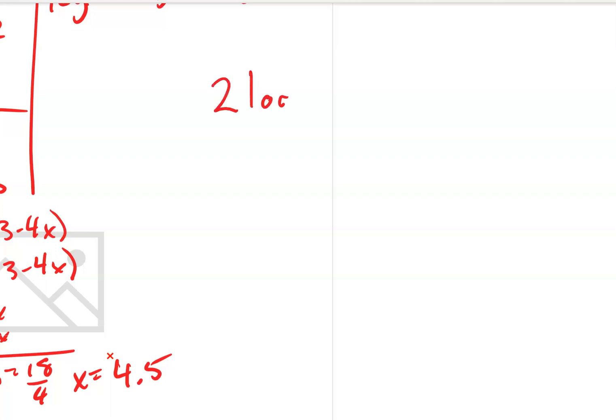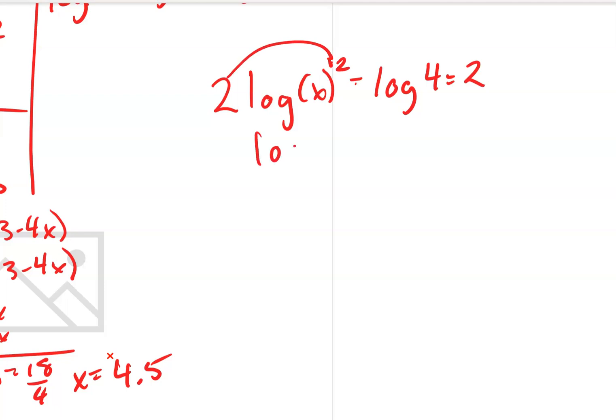2 log x minus log 4 equals 2. Well, first, we know that this means that's squared. So log x squared minus log 4 equals 2.